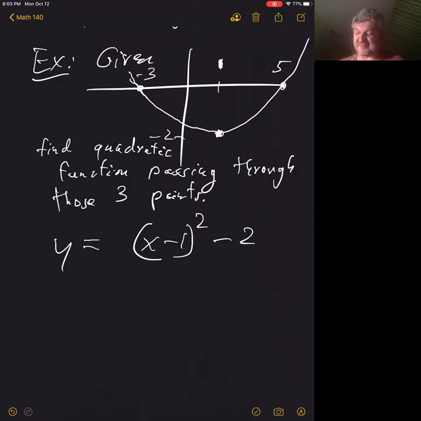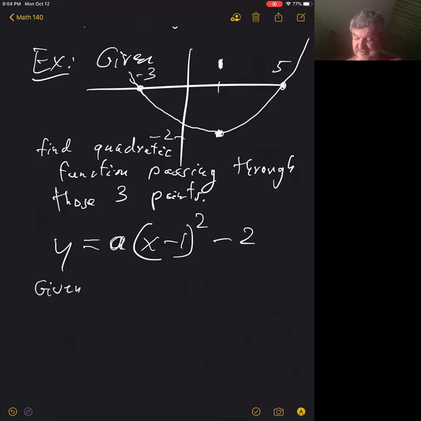So when x is 5, we want to get y is 0. When x is -3, we want to get y is 0. And we can achieve that by having this wonderful extra number a. And it's up to us if we choose to have parentheses around the whole thing or have the a just multiply the (x minus 1) squared. So let's do it like this. That gives me additional leeway and it allows me to adapt the function to fit this graph.